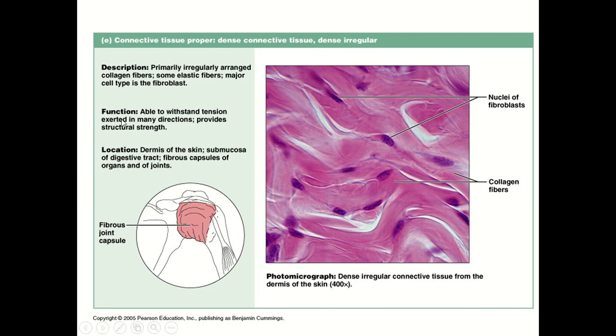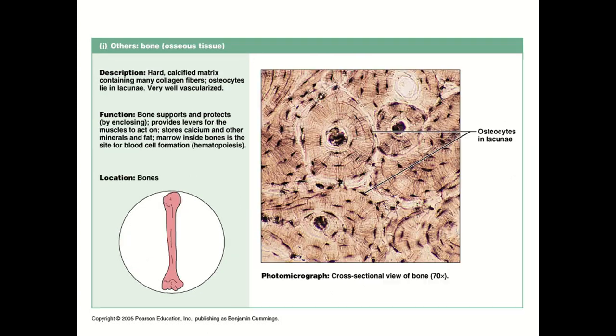It is able to withstand tension exerted in many directions. Meanwhile, dense regular can only withstand tension in one direction. Dense irregular also provides structural strength. You can find it in the dermis of the skin, the submucosa of the digestive tract, the fibrous capsules of organs, and also joints.